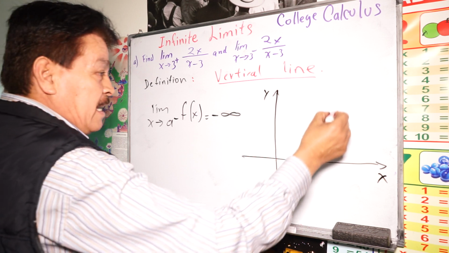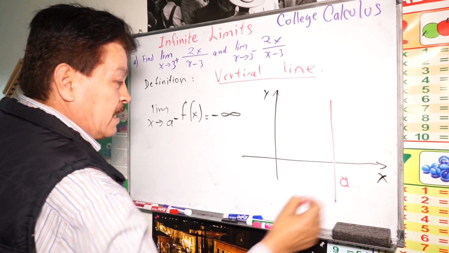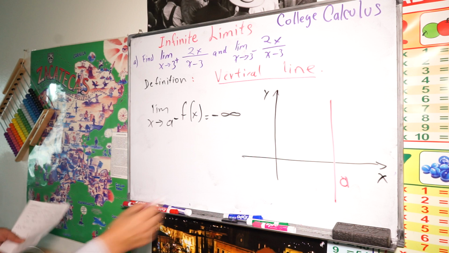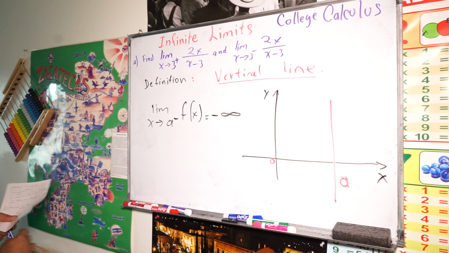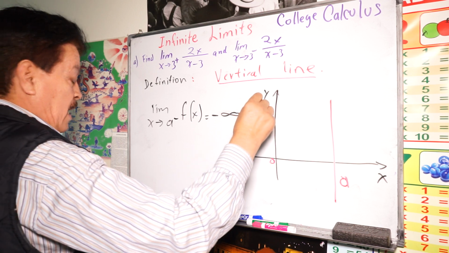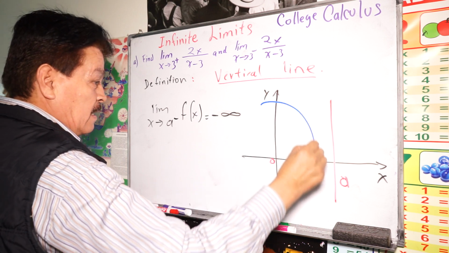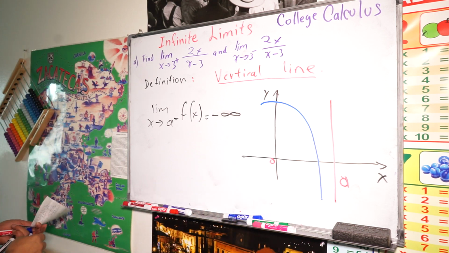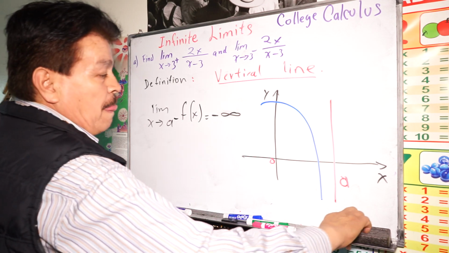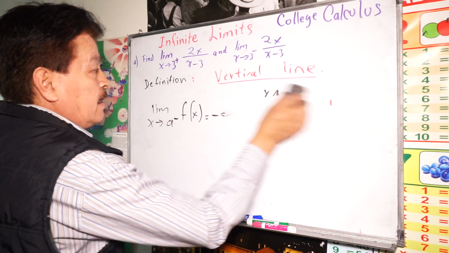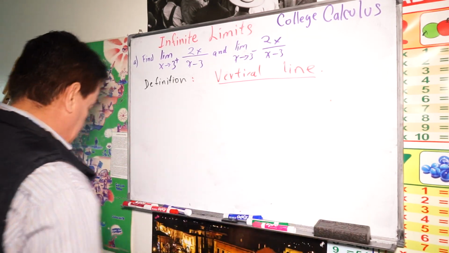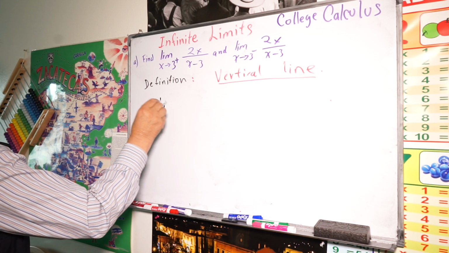This is the vertical line 8. This is the origin. And the graph looks like this. Okay? And the last one is where we see the limit like this.